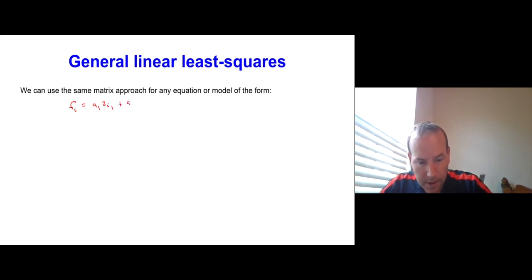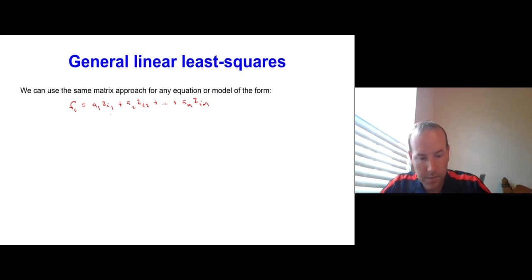It can be given by f of i = a1 zi1 + a2 zi2 + dot dot dot + am zim. And these z's are not just any x's.